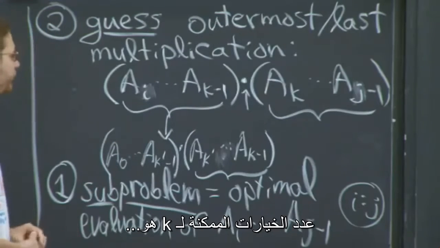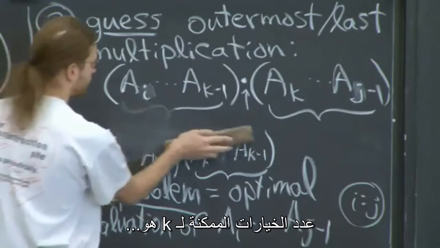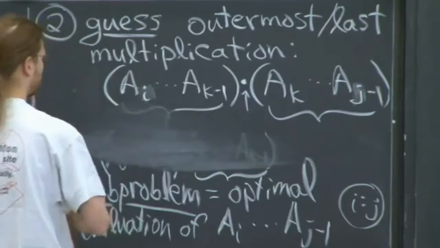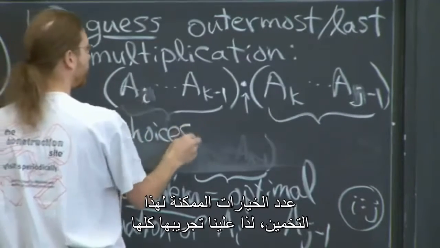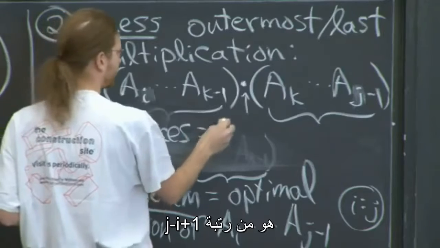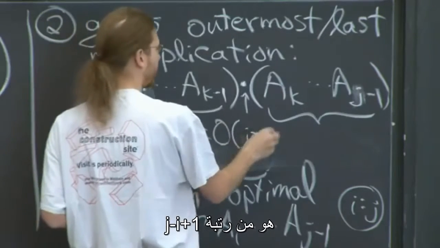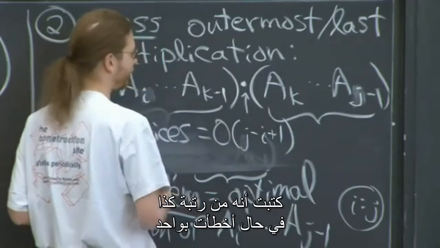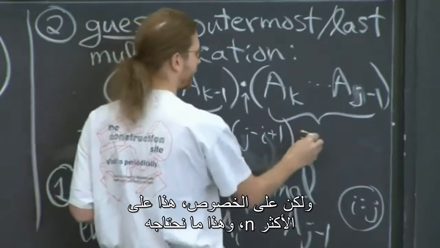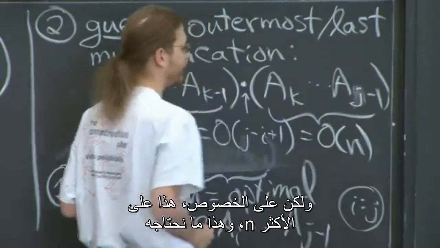The number of choices for k is the number of possible choices for this guess, and we have to try all of them. It's like order j minus i plus 1. I put order in case I'm off by 1 or something. But in particular, this is at most n.